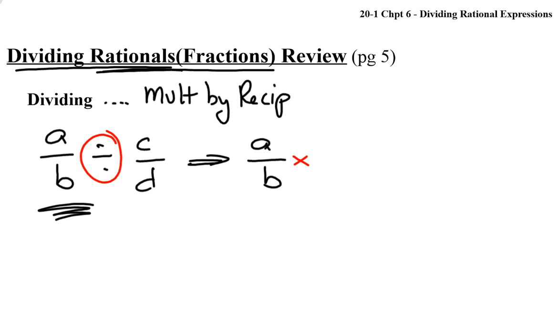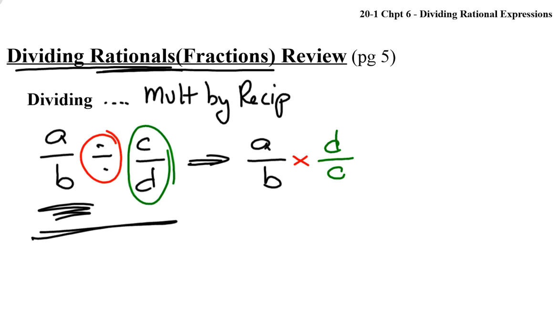Division becomes multiplication, and the second fraction or rational reciprocates, flips. Numerator and denominator change position. So A/B divided by C/D now becomes A/B times D/C.